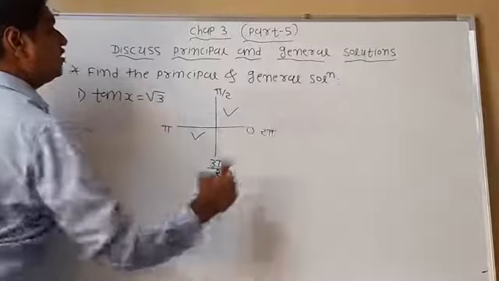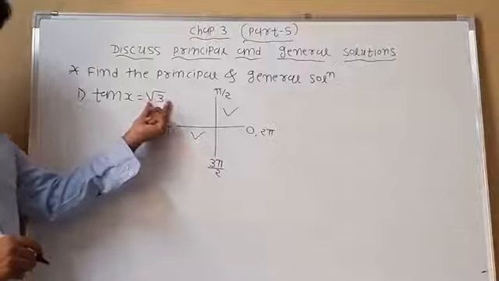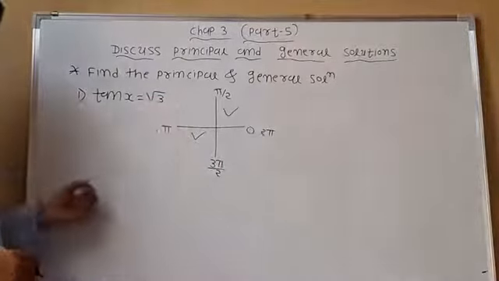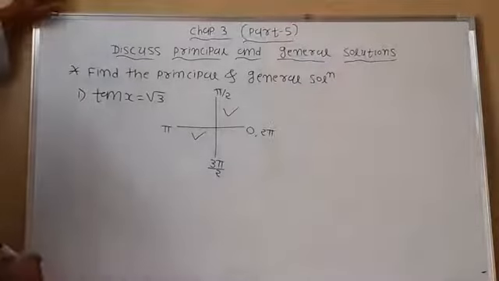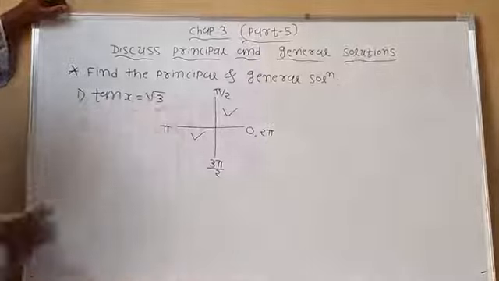Now in the trigonometry table, in place of under root 3 we write 60 degree, that means tan 60 is equal to under root 3.